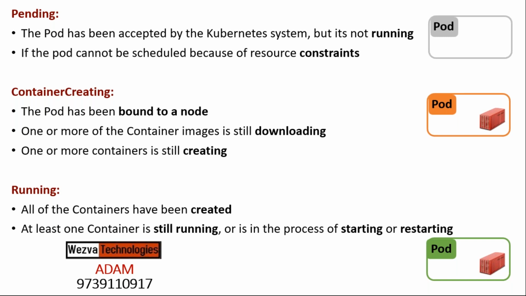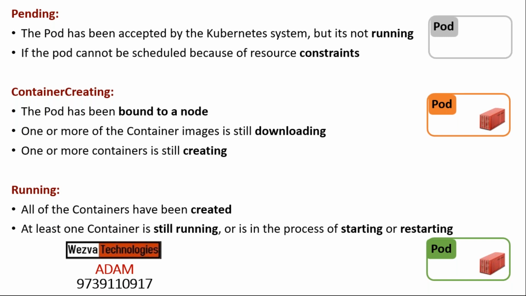Now, once the container is successfully created, the state of the pod will become running. So once the pod gets assigned to a machine, the image is downloaded, and the container has been successfully created, the state of the pod will become running.